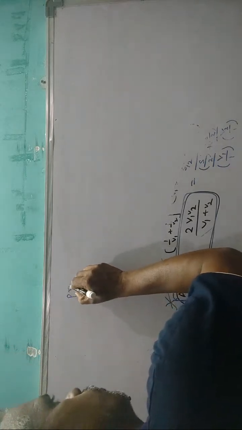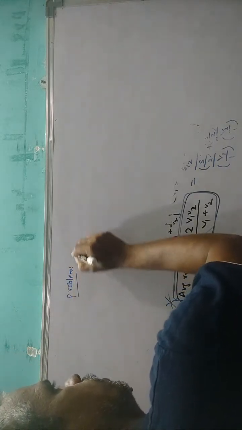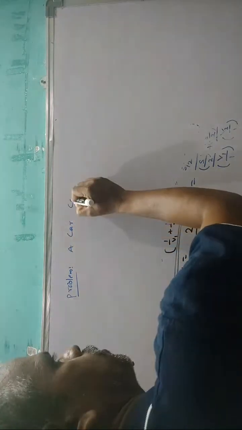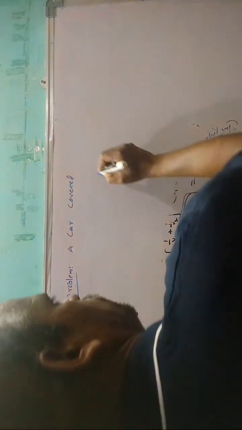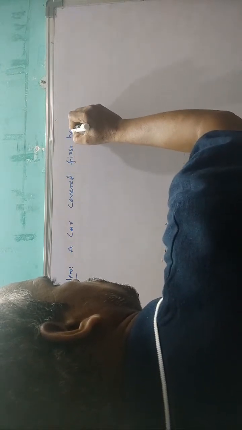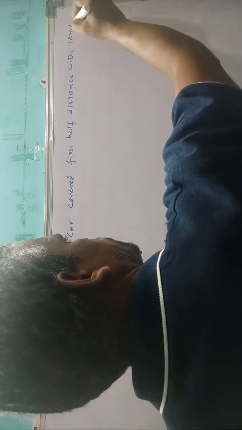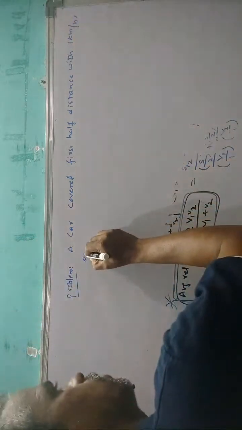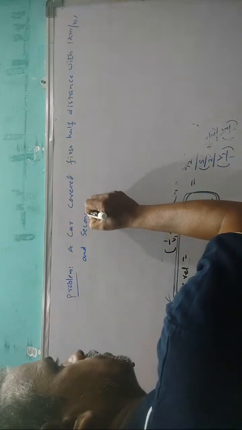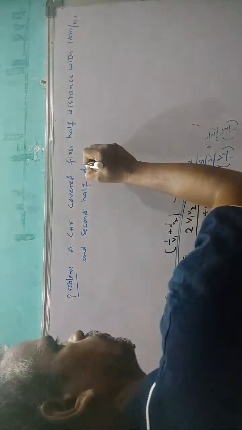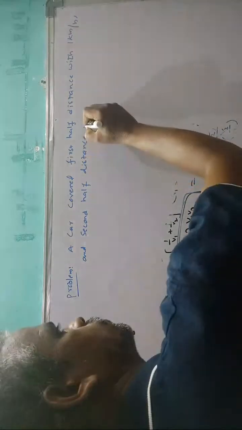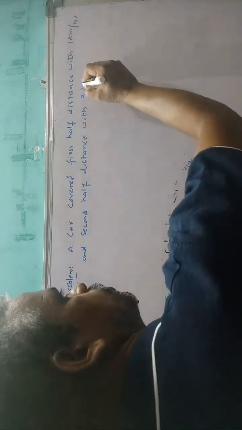Problem. A car covered first half distance with 1 kilometer per hour and second half distance with 2 kilometer per hour.